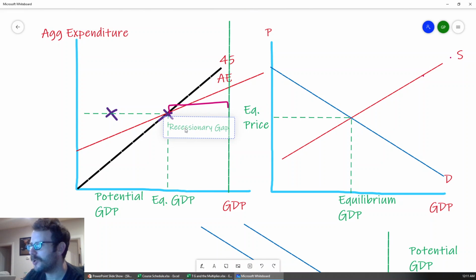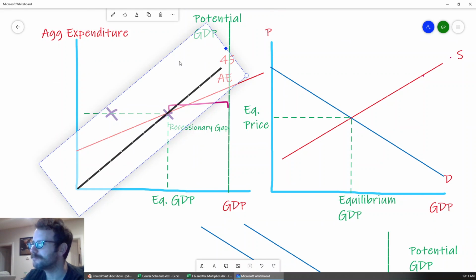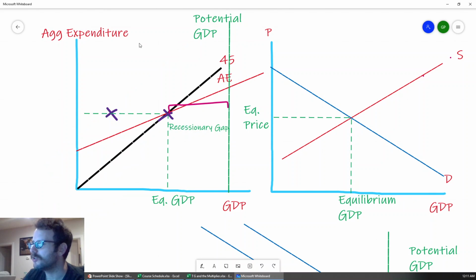So this is a gap that arises when you're producing less than your potential GDP. So again, the mechanism is, recession is when output drops for 2 consecutive quarters, essentially. So if your equilibrium GDP, your output, is below your potential GDP, that's a recessionary gap; eventually that's going to lead to a recession.